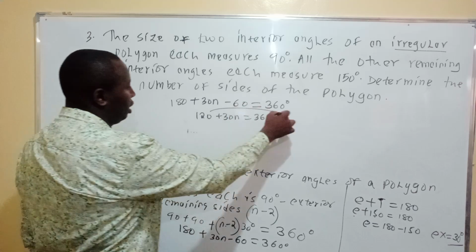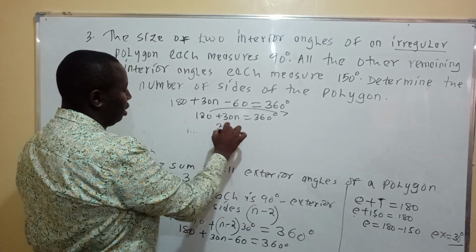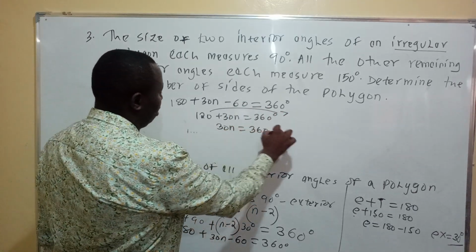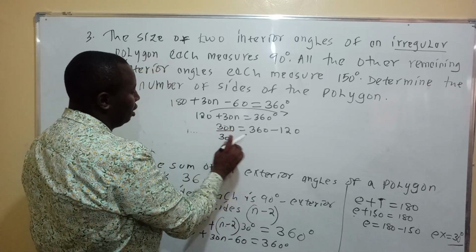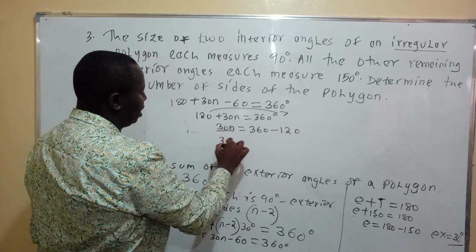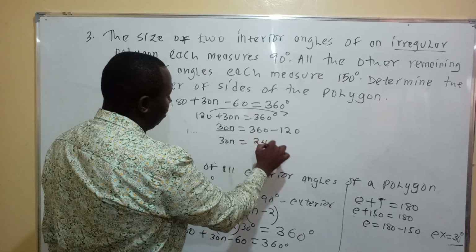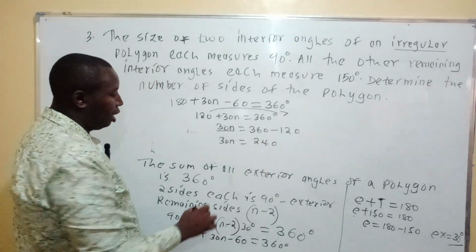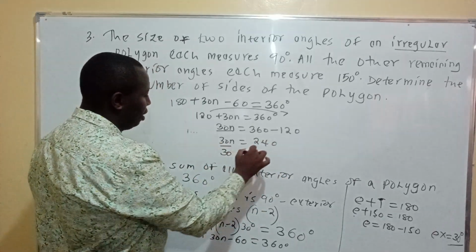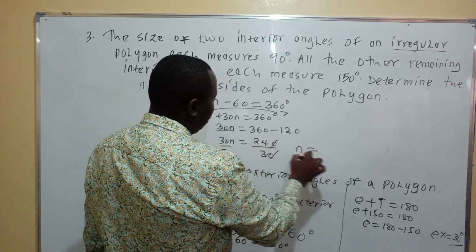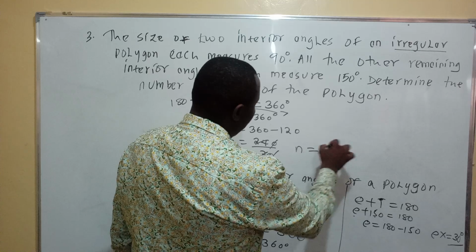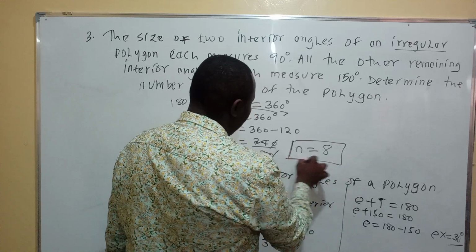To get n, take 120 to the other side: 30n equals 360 minus 120, which is 240. Divide both sides by 30, and n equals 8.